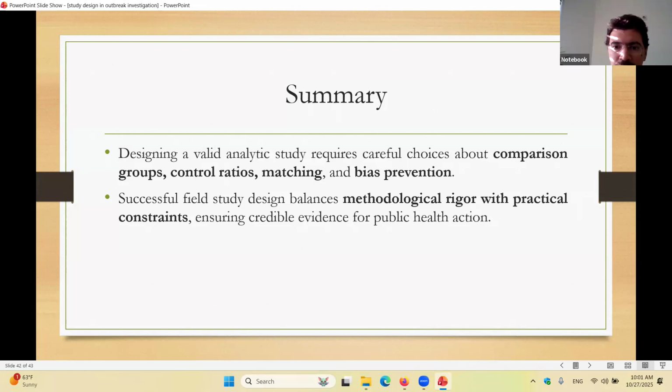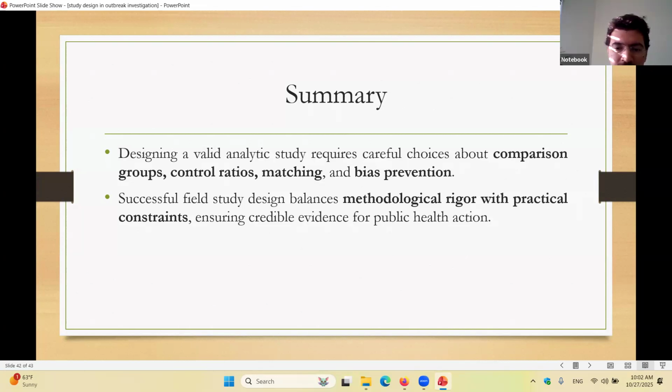Briefly, I tell you that when an outbreak occurs, we have steps of outbreak investigation. In the first steps of outbreak investigation, we descriptively analyze the information and the data, and we generate hypotheses for analytical studies.